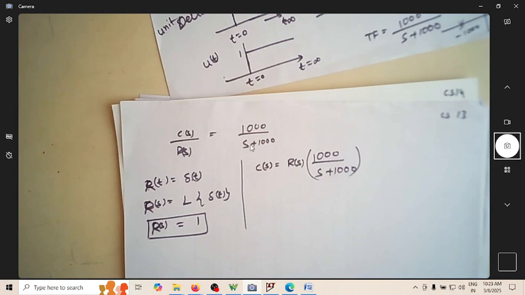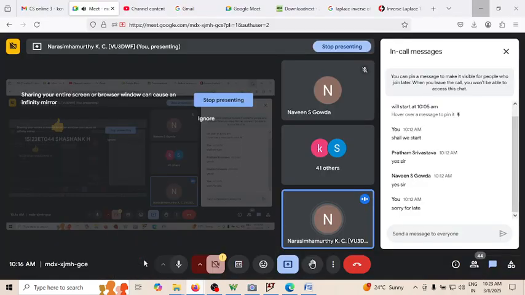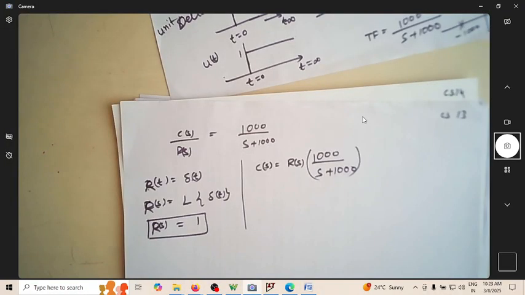Just give me a thumbs up. So I want to know what is the output for a transfer function of this form for a given input. This is what exactly we are trying to do: find the output if you know the input and the transfer function.